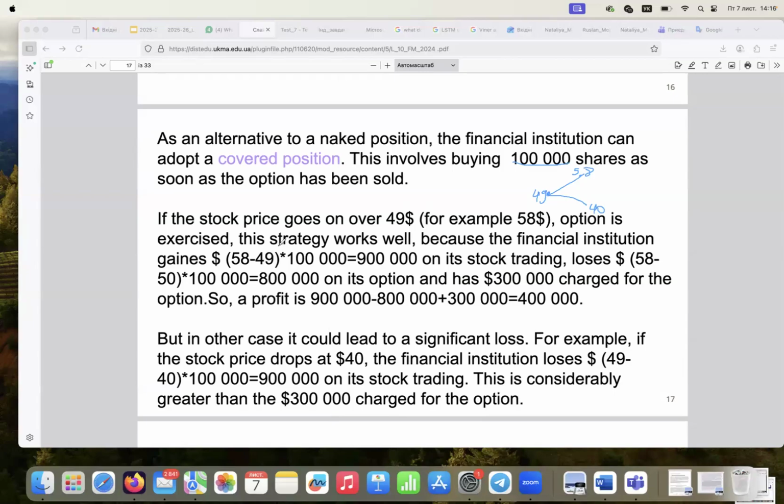And this strategy works well because on stock trading our profit is the difference between 58 and 49. So for one stock, how much is our profit?